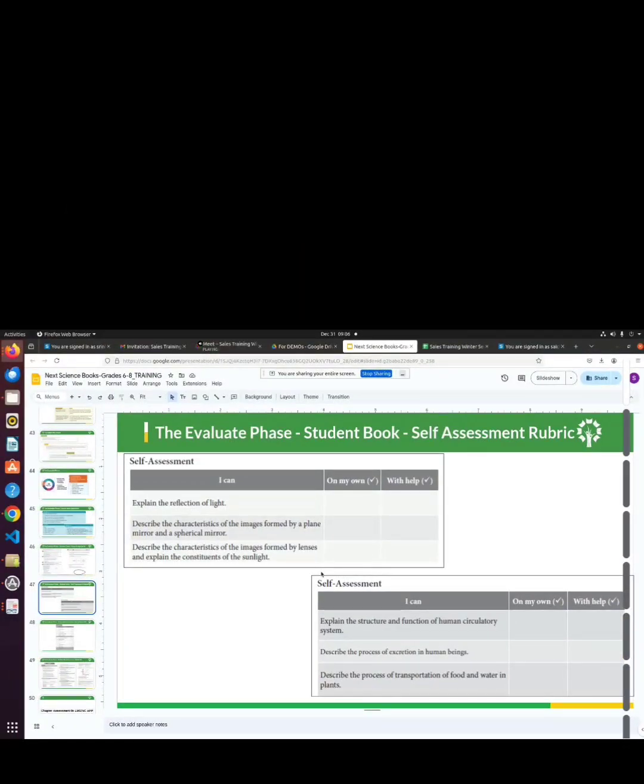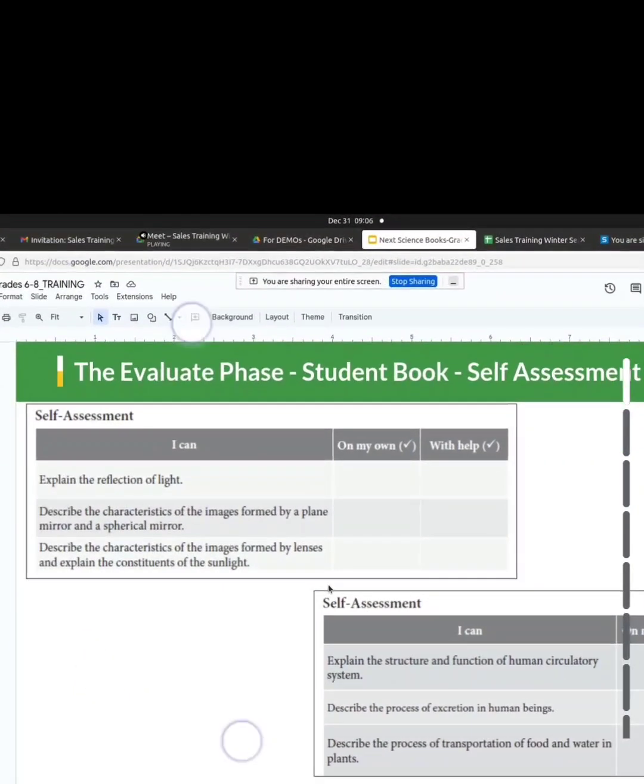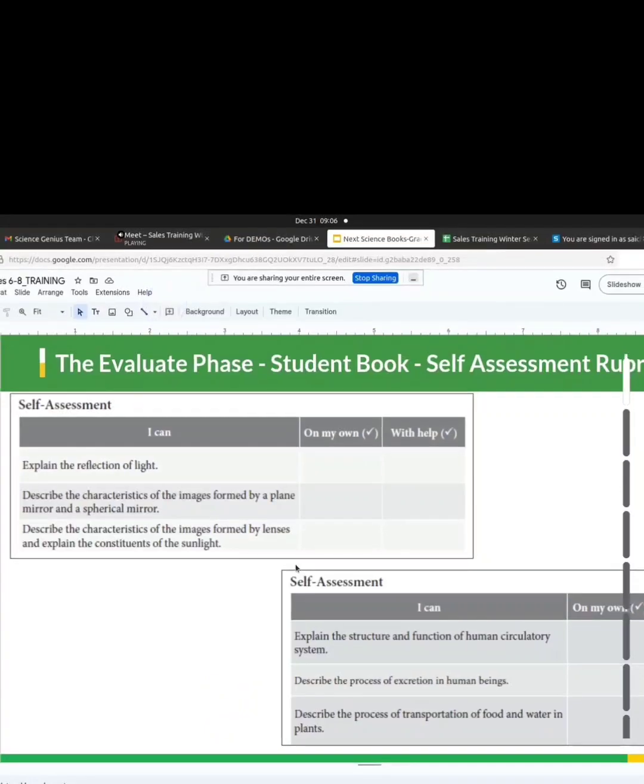Whether they could solve the questions with respect to this LO on their own, or whether they still need the help of the teacher. So this is how we are trying to self-assess. This is for the students to do on their own, to understand themselves to what extent they have understood the chapter. So this is how it looks like.